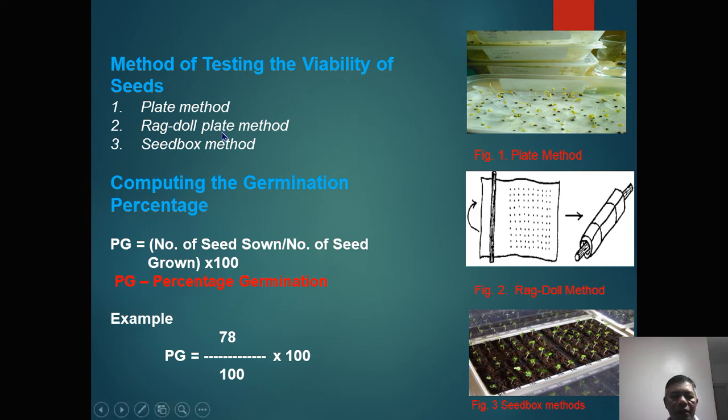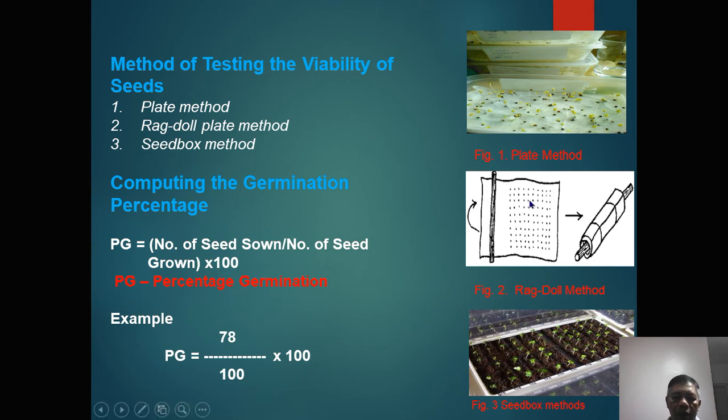Then we have the ragdoll method. This is not a ragdoll plate. This is the ragdoll method, utilizing the rag to determine the percentage of germination.